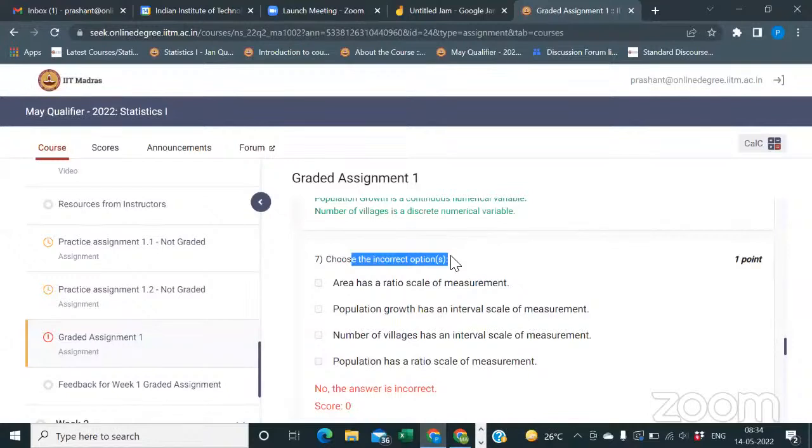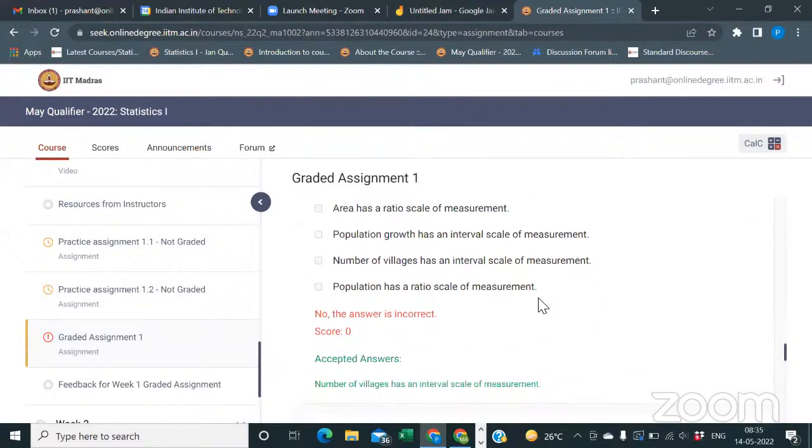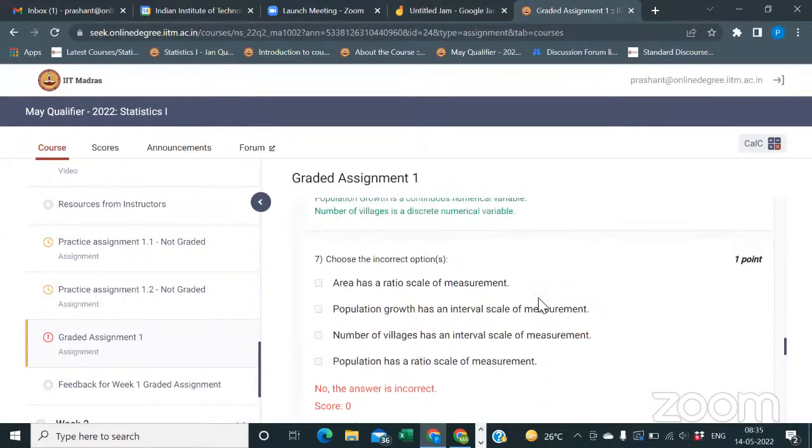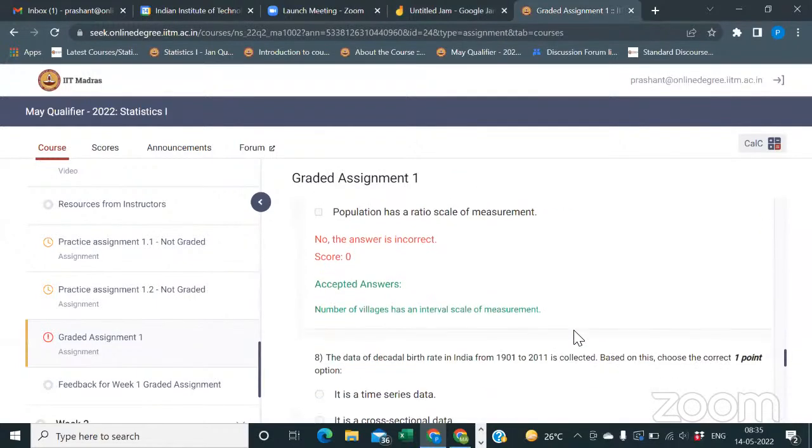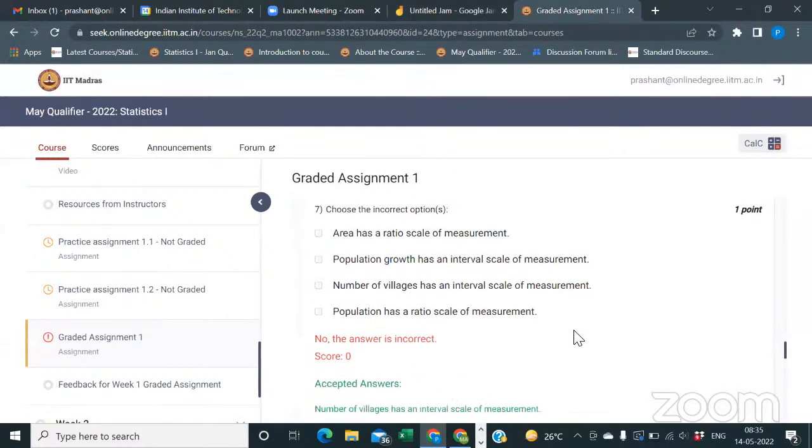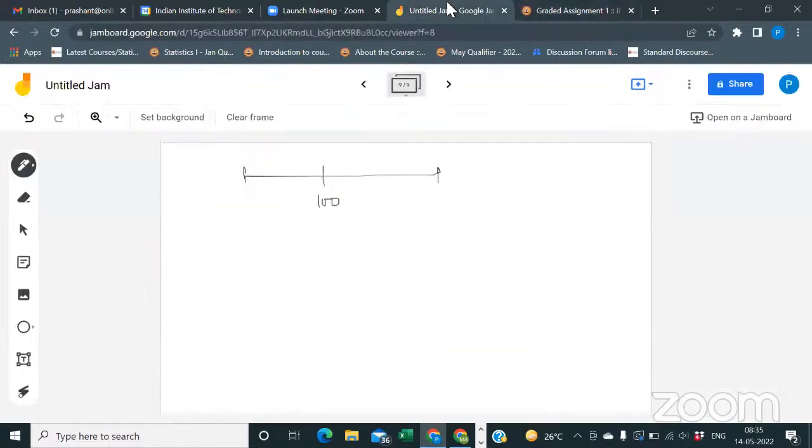So here, incorrect. See, area as a ratio scale of measurement: this one is true. Population growth has an interval scale of measurement: true. Here it is population growth, and it can be negative, so it is an interval scale.